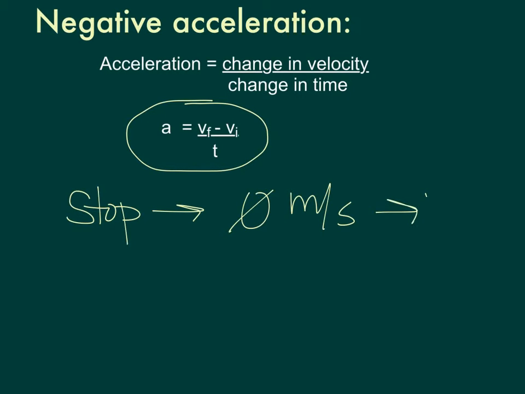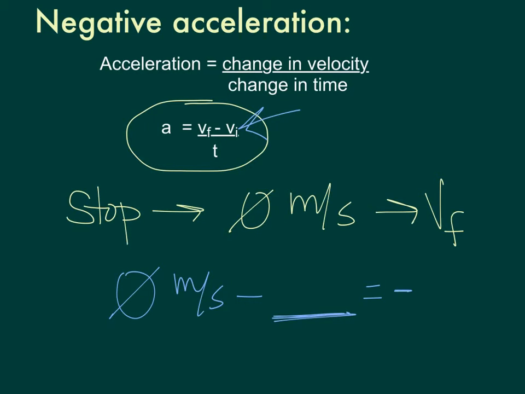That's the final velocity. So when you're subtracting any number from the final velocity, you're going to get a negative number, because 0 minus whatever the starting velocity was is going to be negative. 0 minus any number is going to give you a negative number. That's why we refer to this as a negative acceleration.